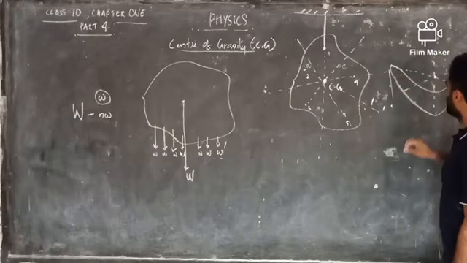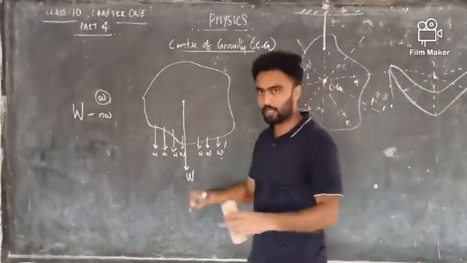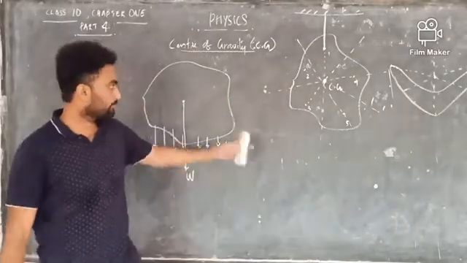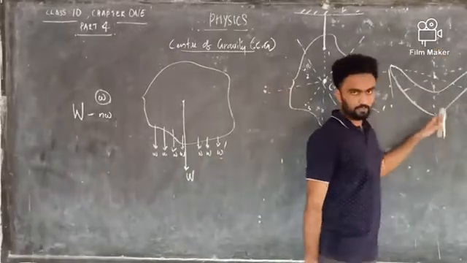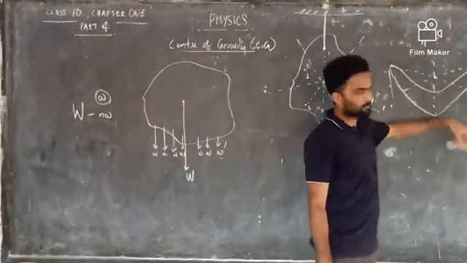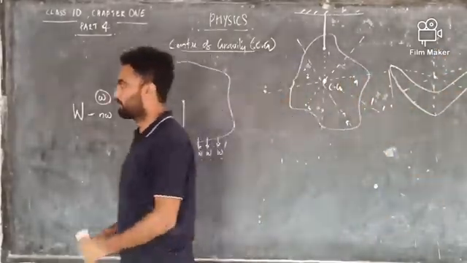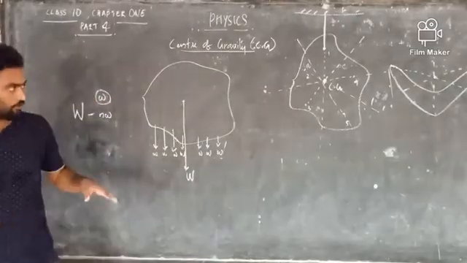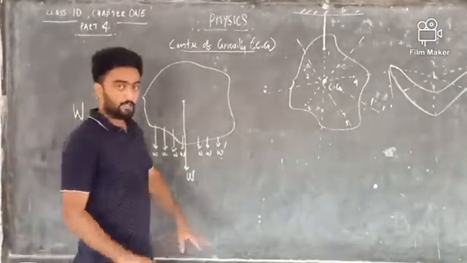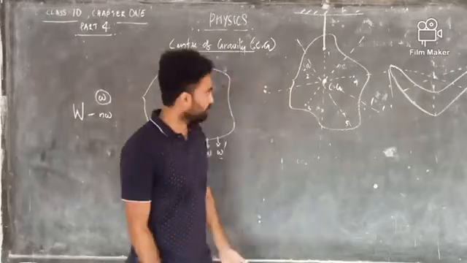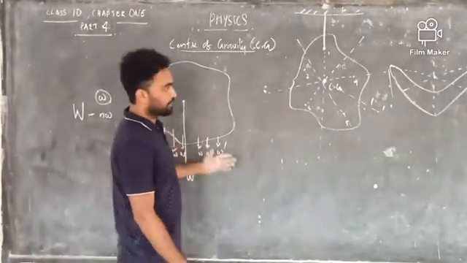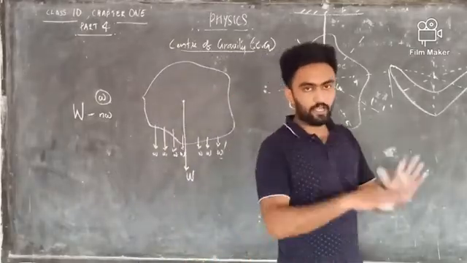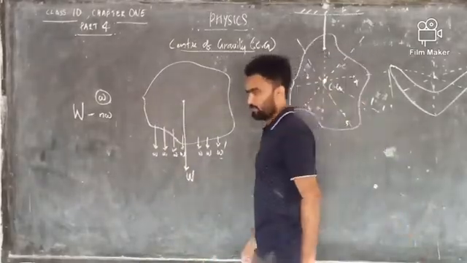So there will be one point at which all the lines intersect each other, and that will be the center of gravity. Here you can see it is outside the boomerang. So we can't say that it will always take place inside the body, it can take place outside also. Clear? So that's about center of gravity. Center of gravity is the point on that particular body or solid at which the entire weight of the body is concentrated. Clear?